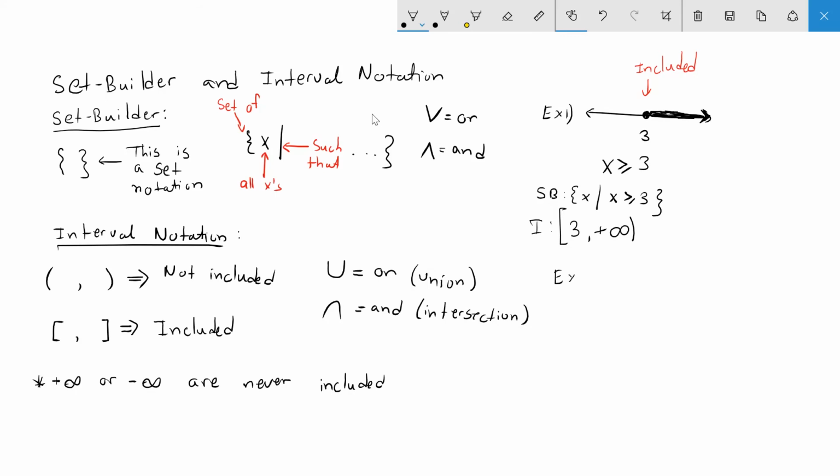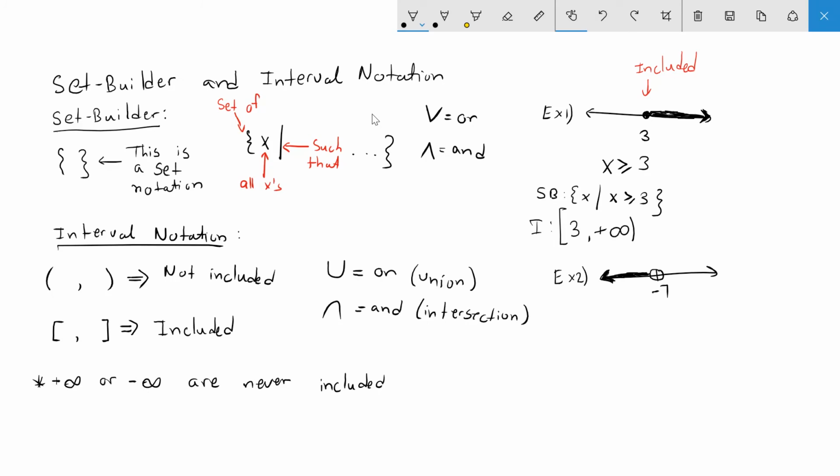Let's look at another example. Let's say we have a closed circle at -7 and we're shading it towards the left. Before set builder notation, let's represent this in terms of an inequality.